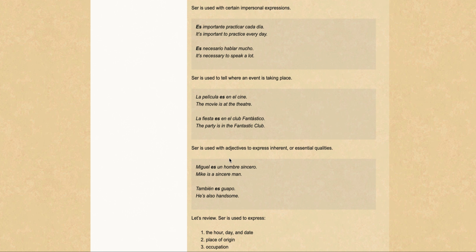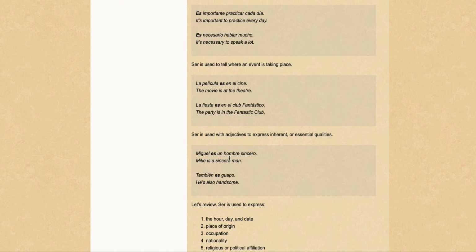Ser is also used with adjectives to express inherent or essential qualities. So, Miguel es un hombre sincero. Mike is a sincere man. También es guapo.